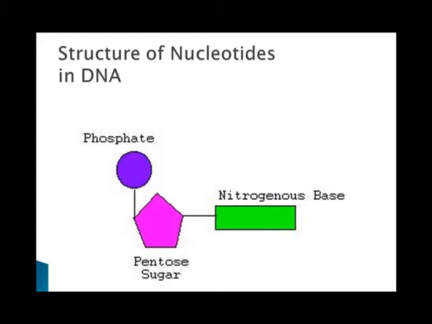If you remember back to organic macromolecules, this is our basic nucleotide. DNA is composed of 4 types of nucleotides which contain a 5-carbon sugar, in this case deoxyribose, a phosphate group, and one of 4 nitrogenous bases, and the bases are adenine, thymine, guanine, and cytosine.